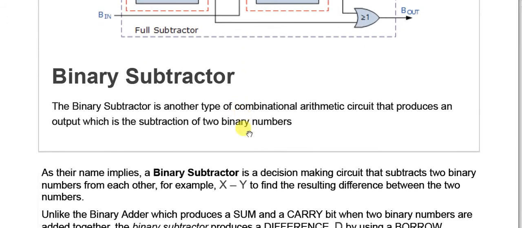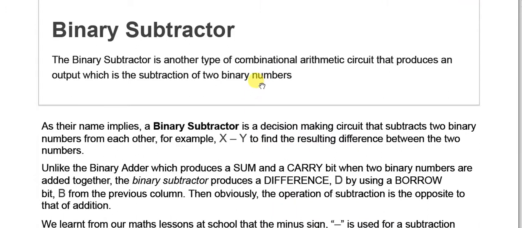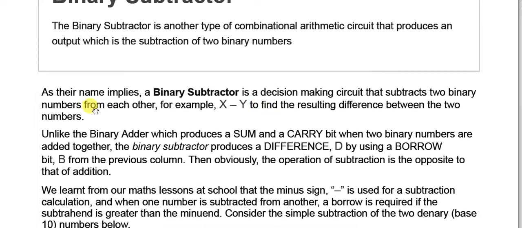The binary subtractor is another type of combinational arithmetic circuit that produces an output which is the subtraction of two binary numbers. As its name implies, a binary subtractor is a decision making circuit that subtracts two binary numbers from each other, for example x minus y, to find the resulting difference between the two numbers.